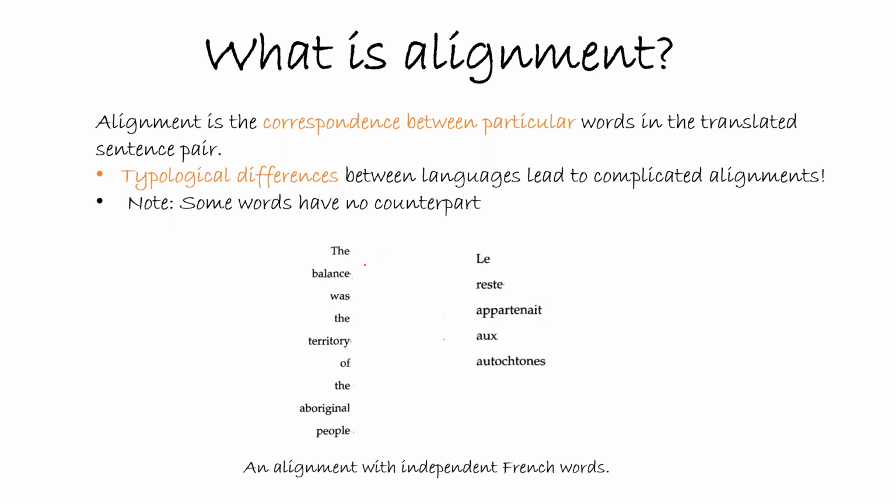If you see this example, "the balance was the territory of the Aboriginal people," I have ten different words on this side and five words on the other side. If we match them in Japanese, I think "was" is "da," and "the balance" gets combined with this.